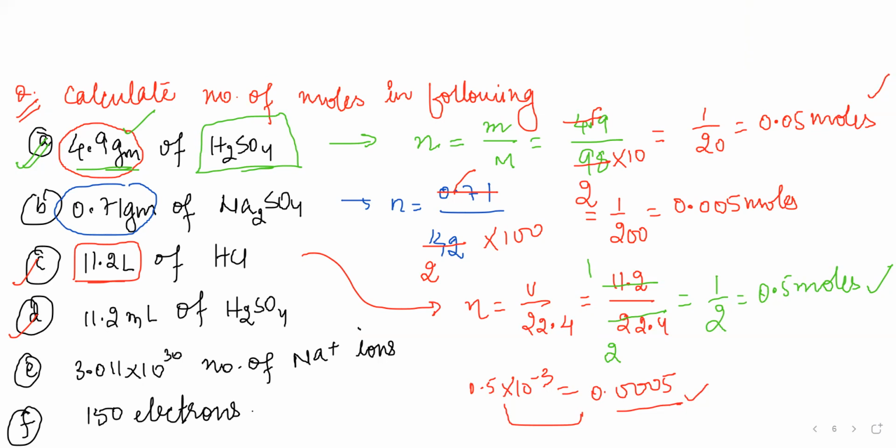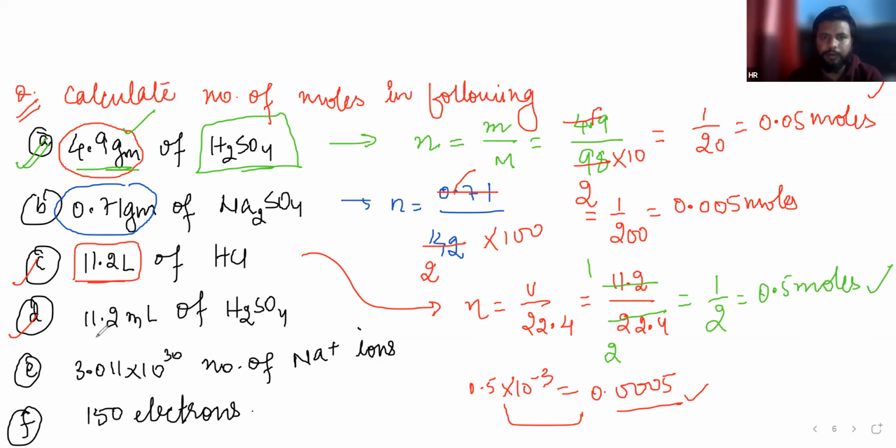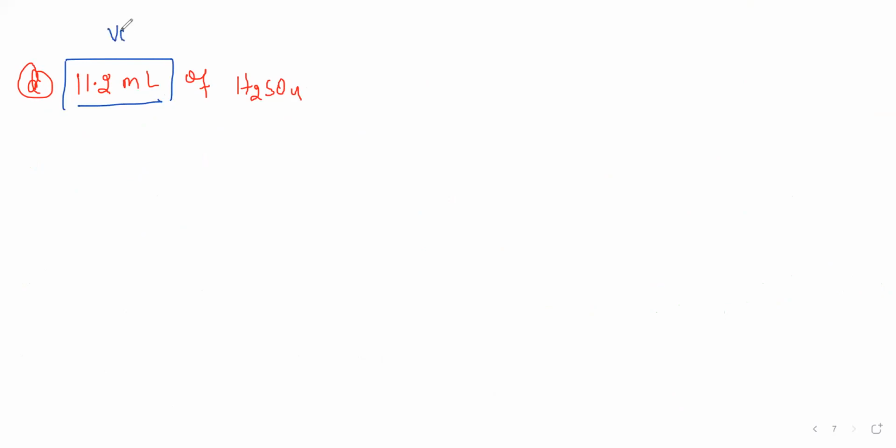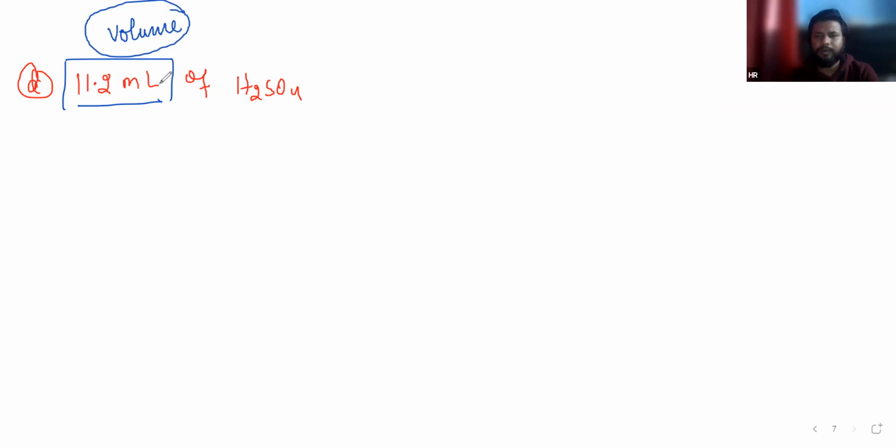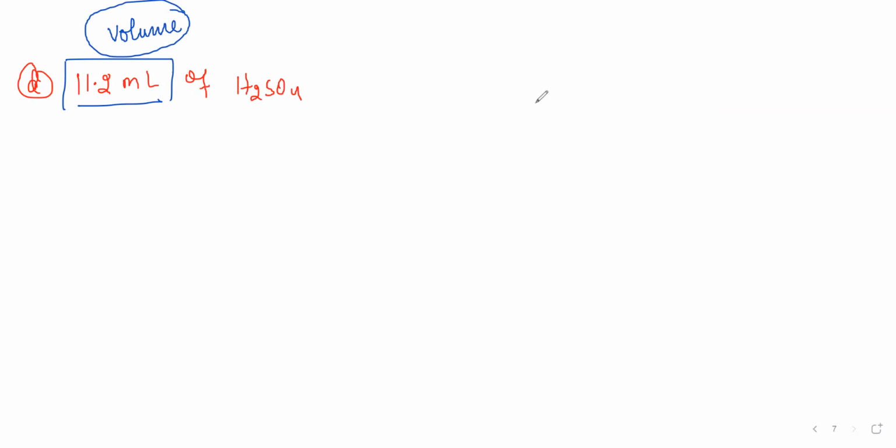Sir, can you explain the fourth one, the D? I'm not getting it properly. 11.2 ml. Just see, the D part is 11.2 ml of H2SO4. Sir, is molecular volume the same as, I mean molar volume, sorry.